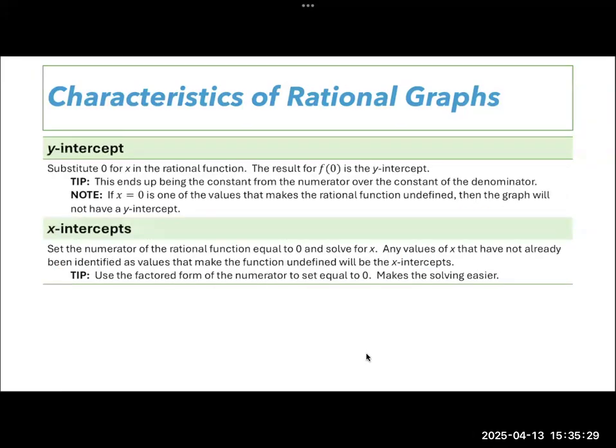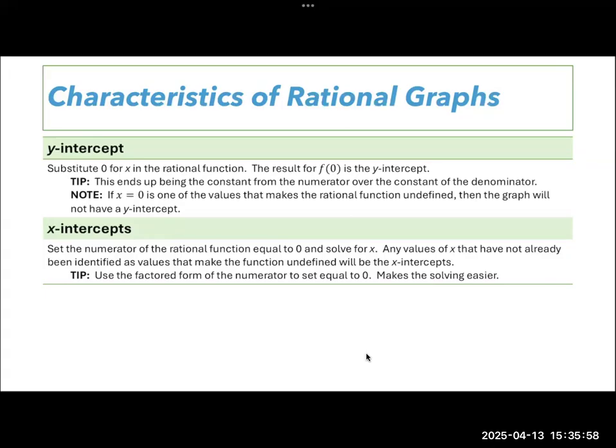Two more characteristics that are going to be really helpful for us are the x and y intercepts. Obviously, with the y-intercept, you're substituting 0 in for x to get the result. A real easy tip for this is that it's going to be the constant of the numerator over the constant of the denominator, because every other term has an x, and putting 0 in for x will wipe it out.